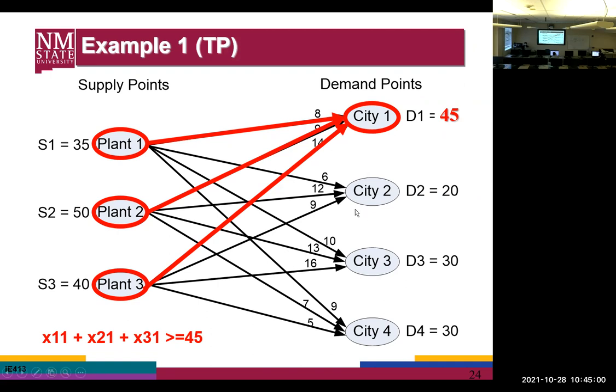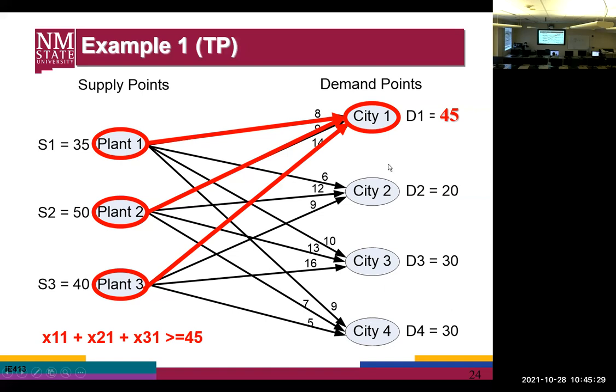So for city number 2, it's going to be x12 plus x22 plus x32 greater than or equal to 20 million kilowatt. Likewise, for city number 3, it's going to be x13 plus x23 plus x33 has to be greater than or equal to 30. And you need to add one more constraint for city number 4.